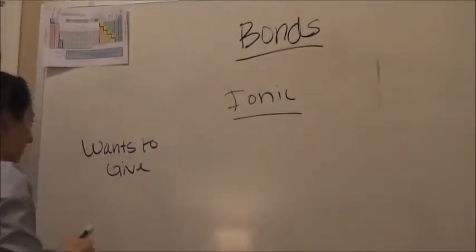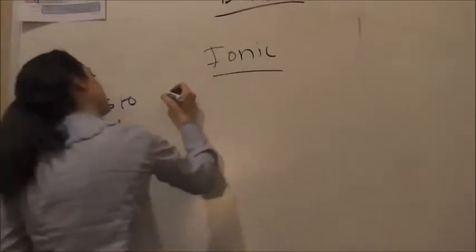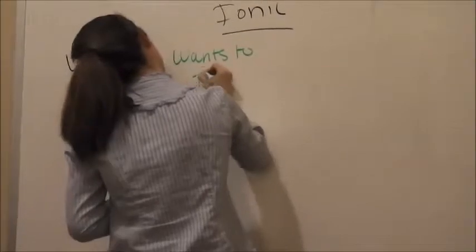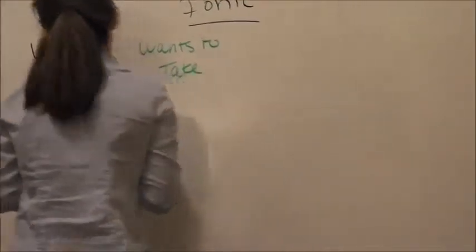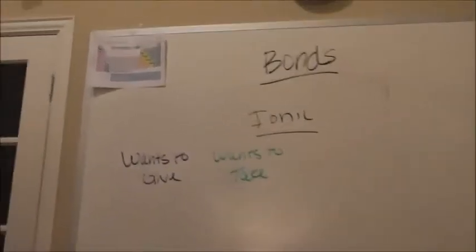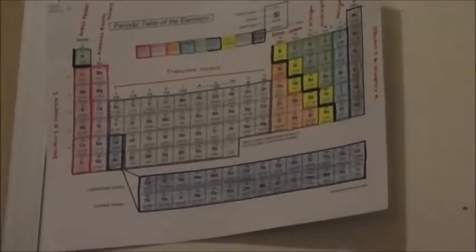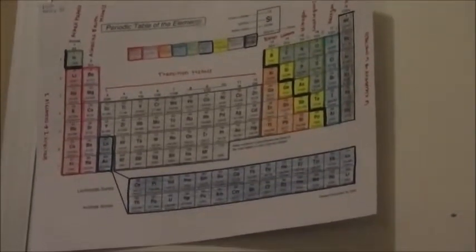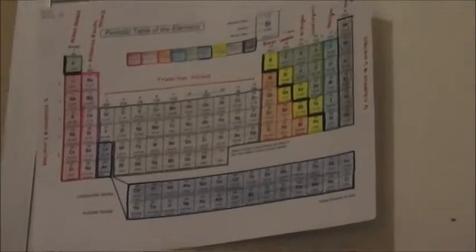We have another atom that really wants to take. So who are these atoms that want to give? Let's look at the periodic table. The alkali metals are going to be the ones that want to give. They're unstable. They have very few electrons in their outer electron shell.